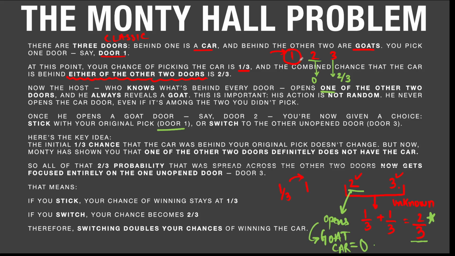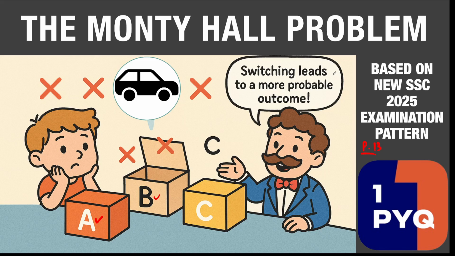That is why the probability of getting a car in the first door remains 1 by 3, and the new probability of getting a car in the third door comes out to be 2 by 3. That is why in the first slide it says switching leads to a more probable outcome. A more probable outcome. Get it?